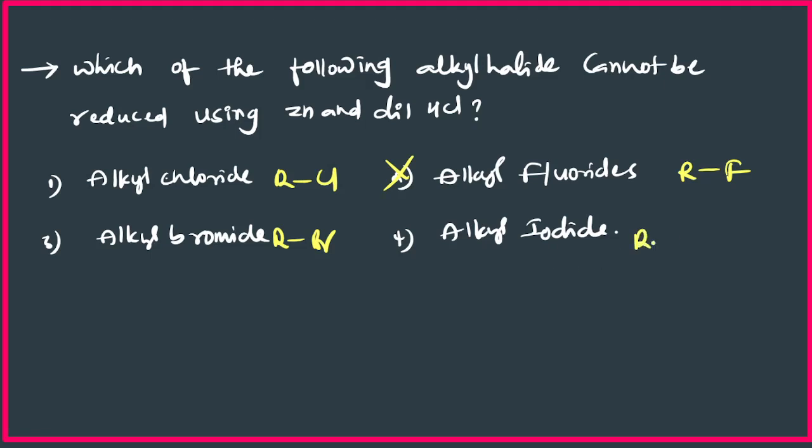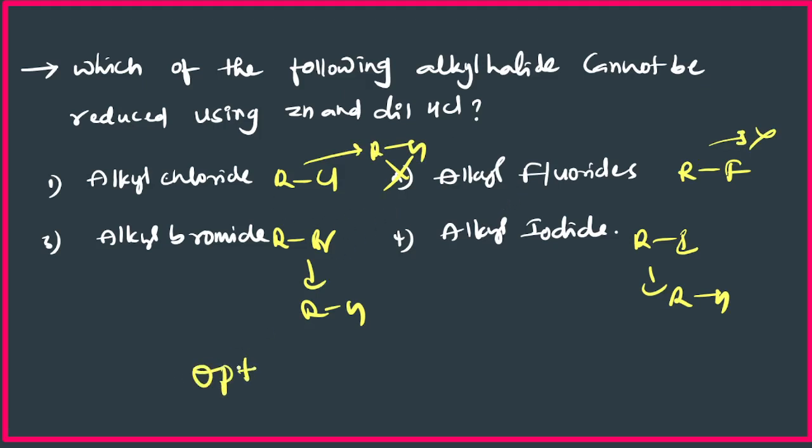Alkyl iodide reduces to alkane. So the one that does not reduce, our option is the second one.